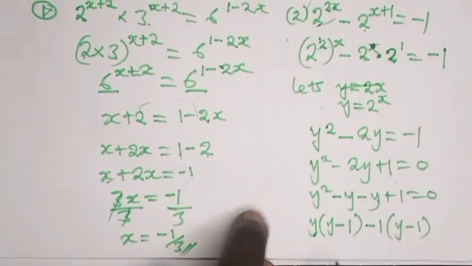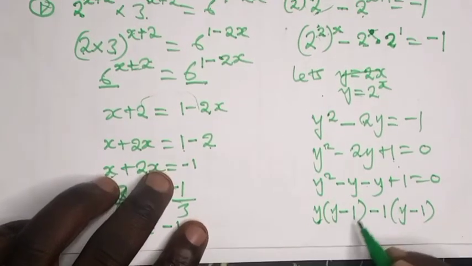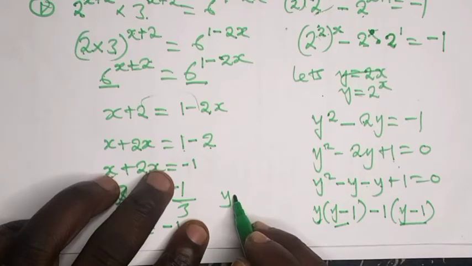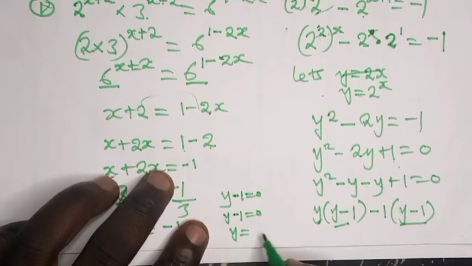So here all of these must be the same. So it will be y minus 1 equals 0, or y minus 1 equals 0. So it will be y equals 1.